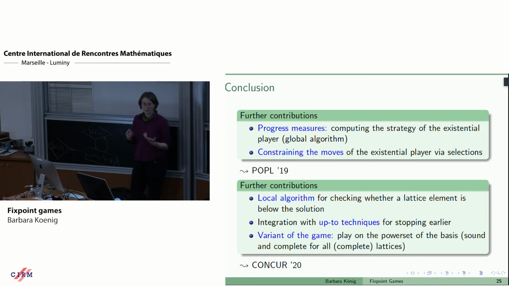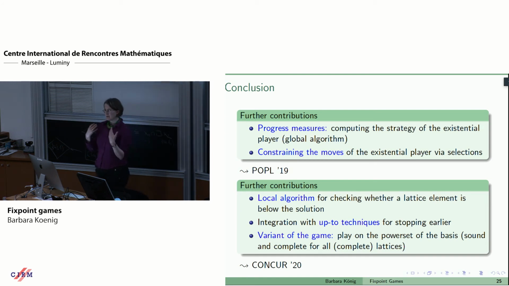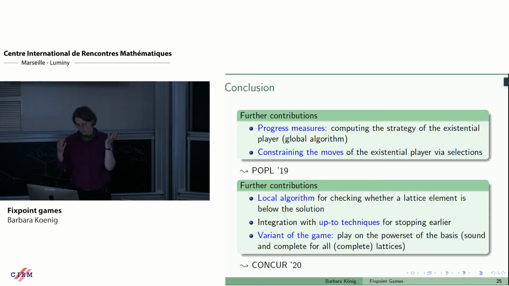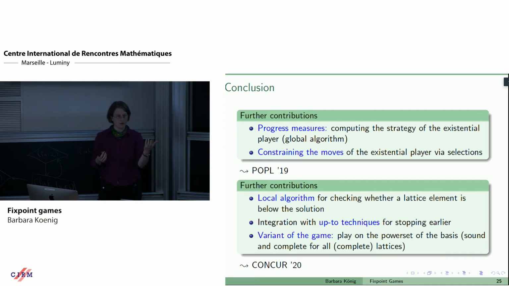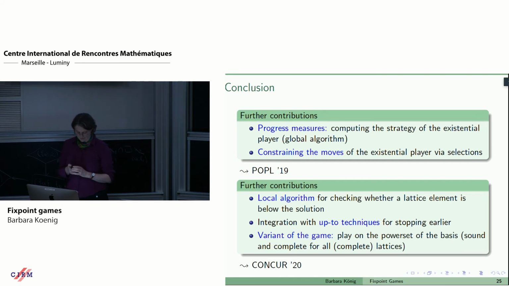Combined with these up-to techniques, you have mechanisms for stopping earlier, and you do not have to unfold the whole game arena. From this, you also get a variant of the game that in fact works on all complete lattices. There's only a drawback because instead of playing on the basis, you play on a power set of the basis, which gives you more moves than maybe you would like to have.